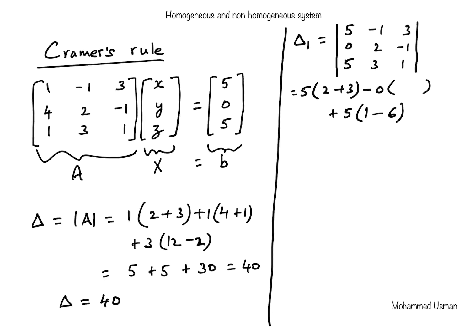So we get 2 plus 3 is 5, 5 into 5 is 25, so that's equal to 25 minus 0 plus 5 into minus 5 is minus 25, which is equal to 0. So we get the value of delta 1 to be equal to 0.